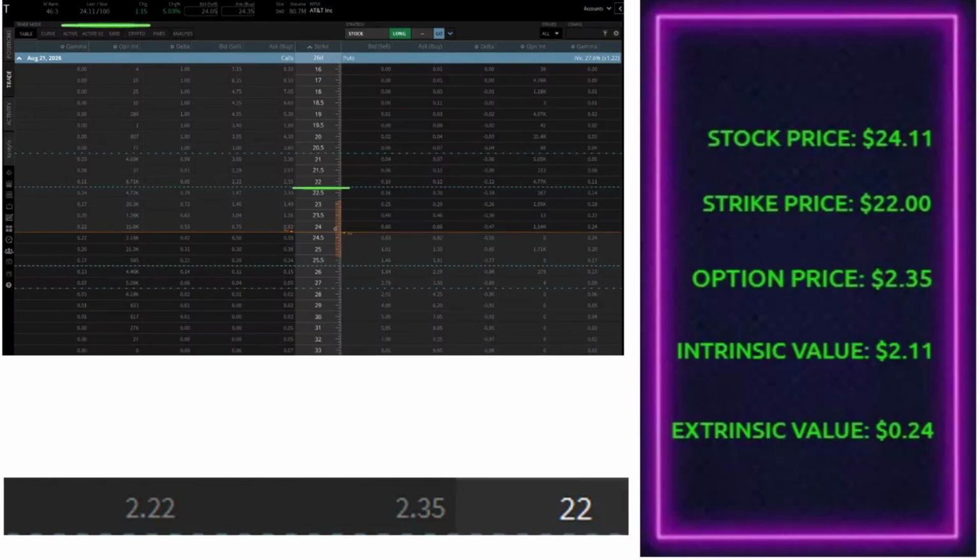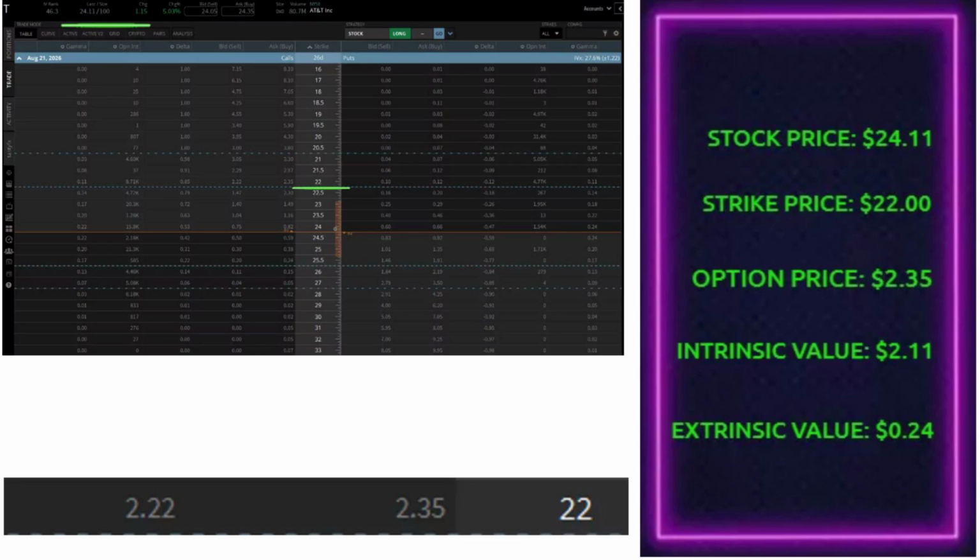Remember, at the expiration date, there will be no extrinsic value left on the options. The value of this option at expiration will be whatever its intrinsic value is. So in practice, what does this actually mean for us? Well, let's say we bought this call right now at $2.35.